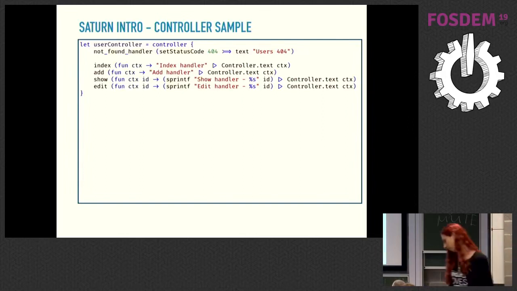Show action goes to slash ID and it's a get request and it should display the single element. It's kind of following this REST convention. So there's a whole set of those index, show, edit, and other functions that you can implement.